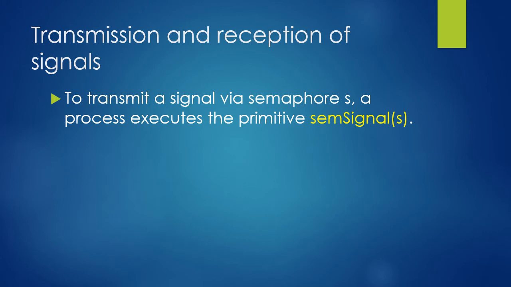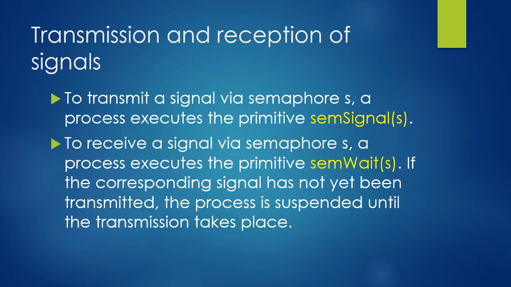So, how are these signals transmitted and received? To transmit a signal via semaphore S, a process executes the primitive semSignal(S). To receive a signal via semaphore S, a process executes the primitive semWait(S).